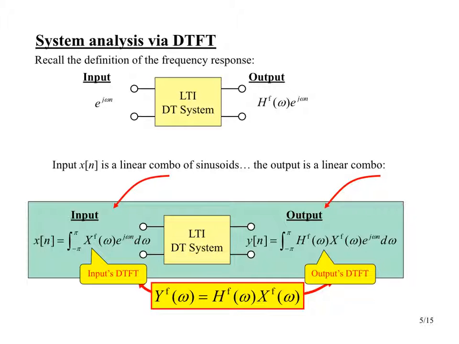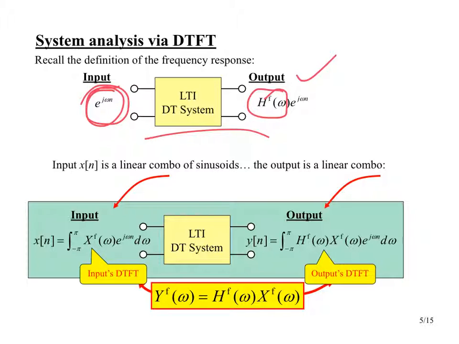So to try to summarize this big idea, we've got an input e to the j omega n going into an LTI discrete time system. The thing that comes out is that same complex sinusoid whose amplitude and phase has been modified by the frequency response. So that's putting in a single one of these things. Now imagine putting in a continuum linear combination of that, adding up these for all possible frequencies.